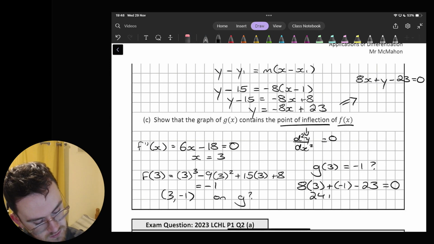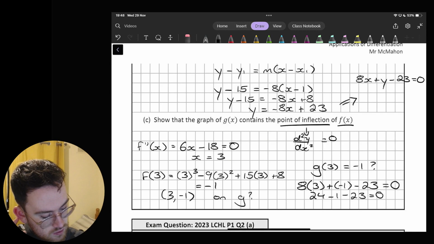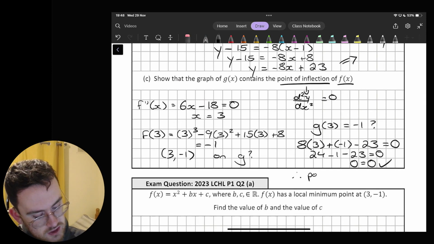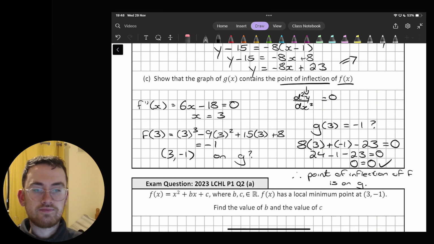That gives me 24 minus 1 minus 23 equals 0, which of course is the case. So we've confirmed that. Therefore, the point of inflection of f is on g. Lovely.